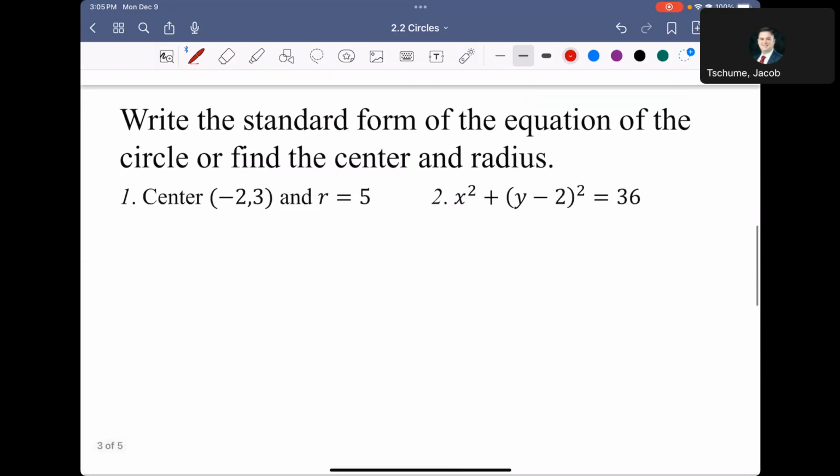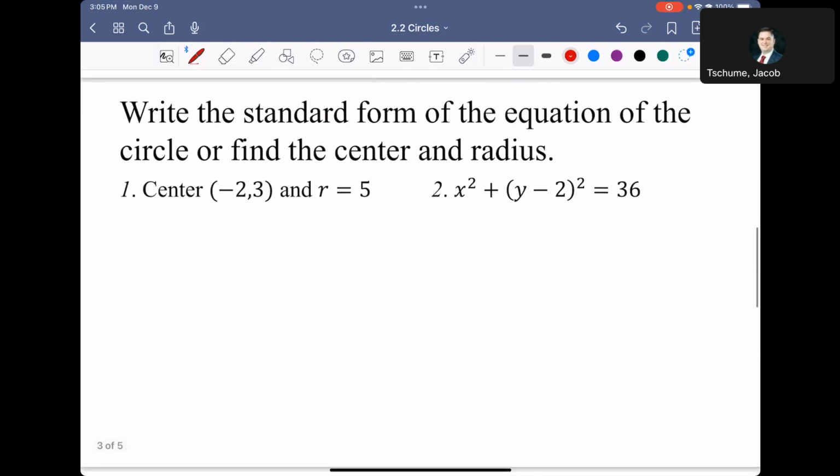So let's begin with an example where you just have to either write your own equation or find the necessary information from the equation given. So the instructions say either write the standard form of the equation of the circle, or if given the equation, find the center and the radius. So on number one, you've got the center of (-2, 3) and a radius of 5.